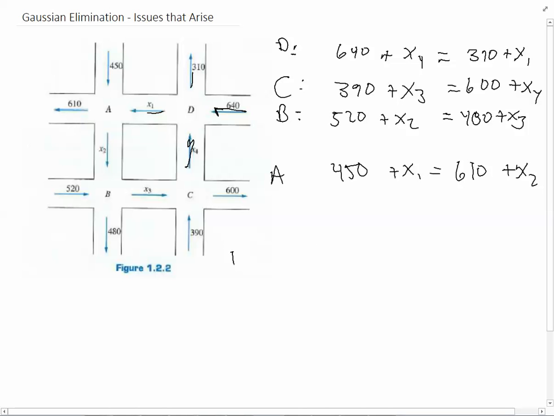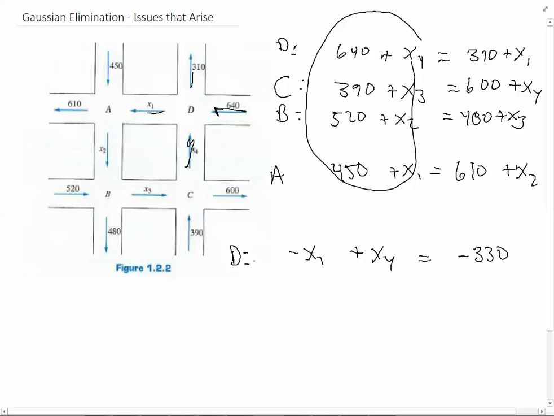For the first equation, related to D, I can write this a couple of ways. I can say negative x1 plus x4 equals negative 330, moving the x1 and the 640 over. You can also do the opposite and move the x4 and the 310 over, but I'm sticking with this side.